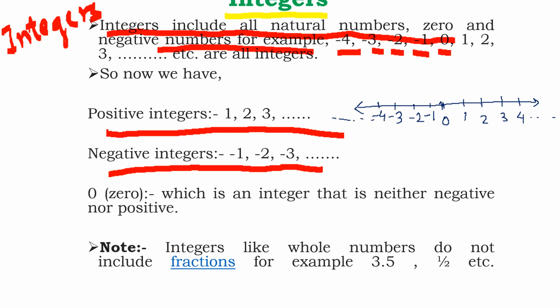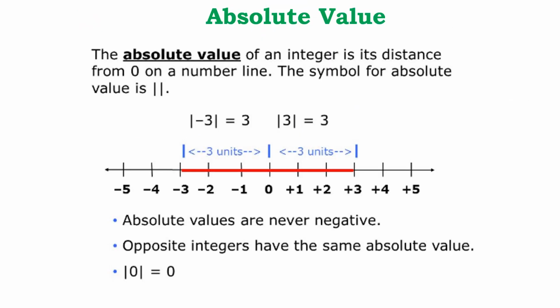Getting? Integers, like whole numbers, do not include fractions. Again, integers are just the positive numbers, negative numbers and a 0. They don't include fractions.